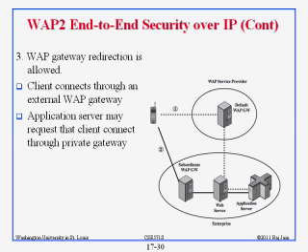There are some situations where we don't want to use the phone company's WAP gateway. In that case, we will use our own WAP gateway and tell the device to contact our WAP gateway. One thing which is not shown here is the tower.